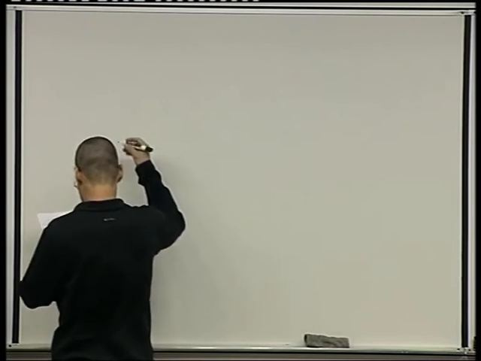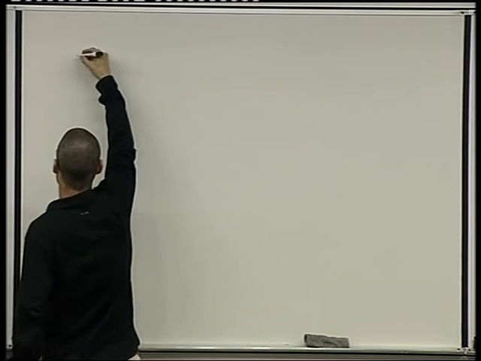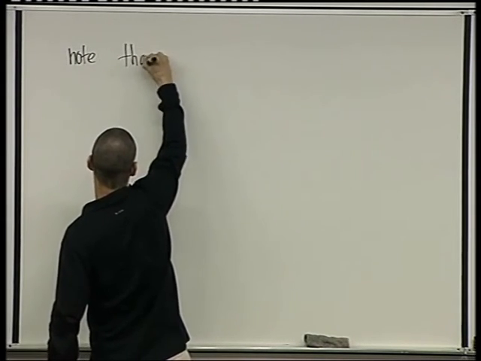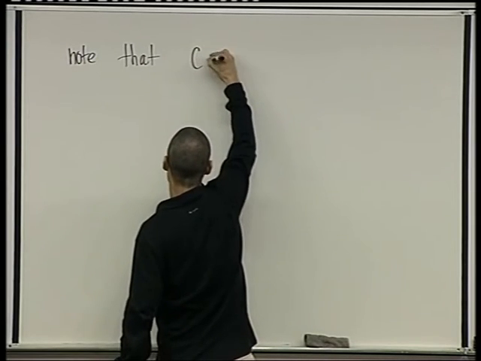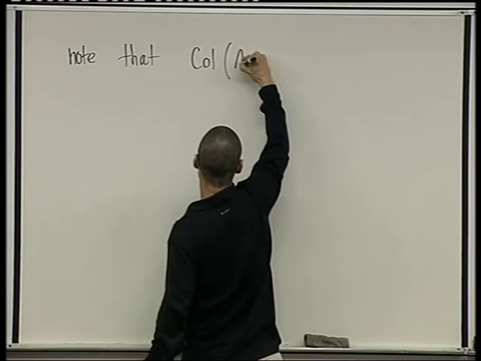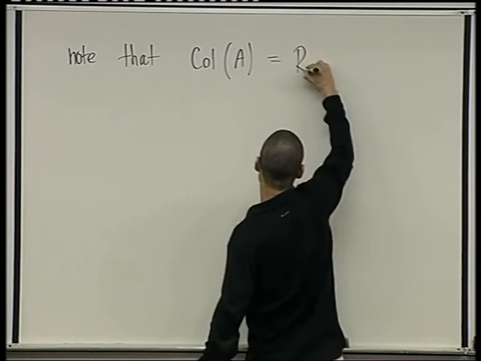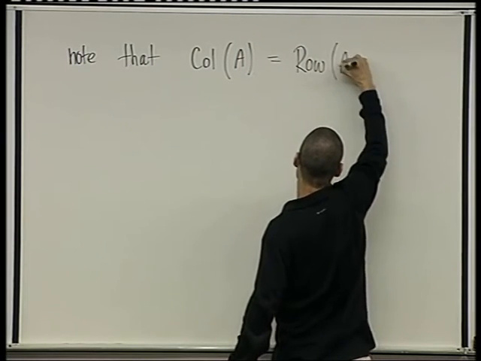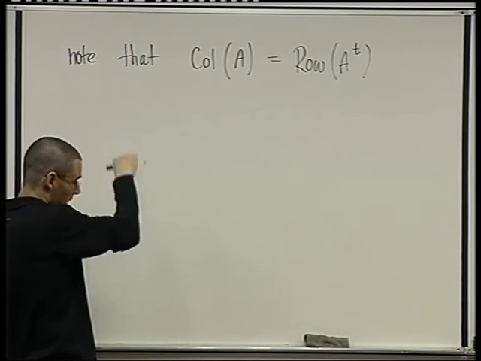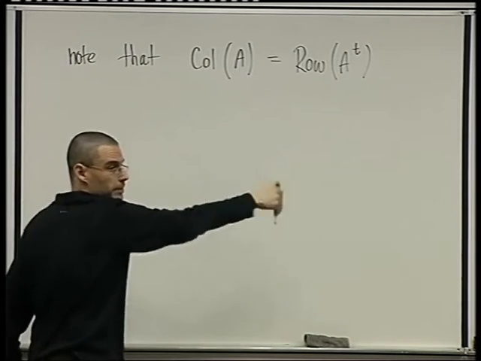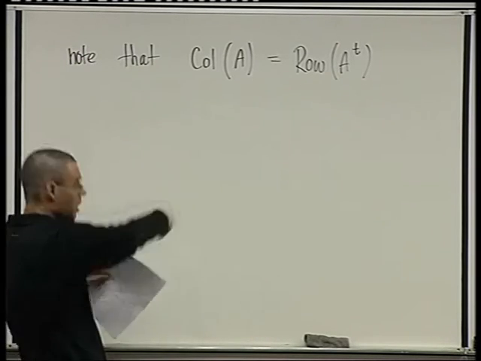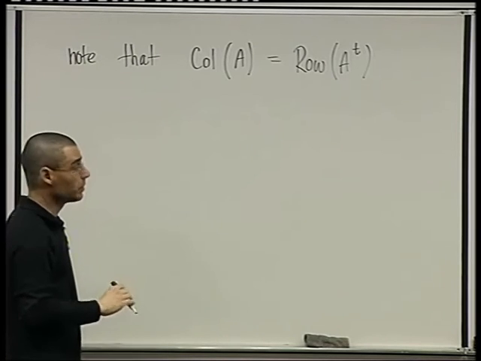So let's write all that. I hope I'm not confusing you too much. So let's start by saying, note that the column space of A itself is precisely the row space of A transpose. Right? The linear combinations of the columns are precisely the linear combinations of the rows of the transpose. Okay?